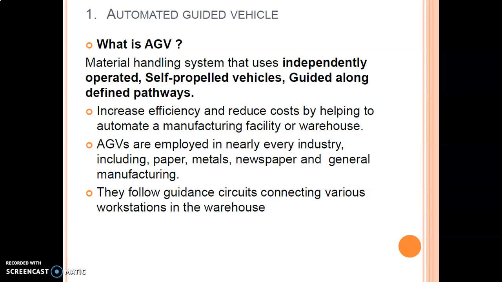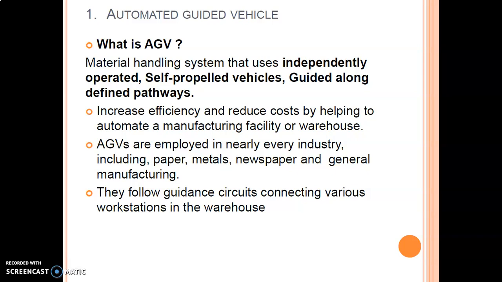So you can see in the definition that in AGV we are specifying the path of the vehicle initially, with the infrared system and other technology, so that the machine travels from one place to another place, following that path only.